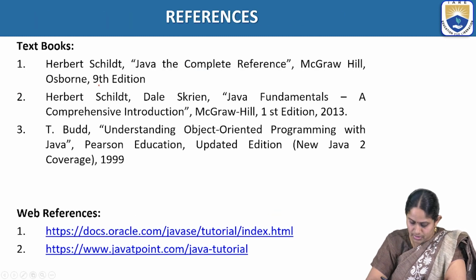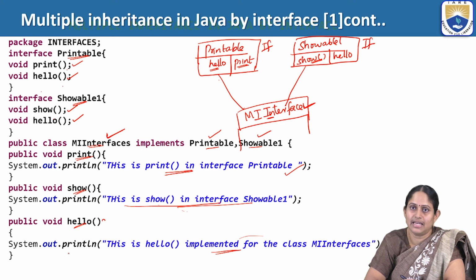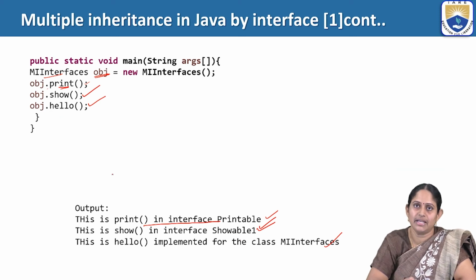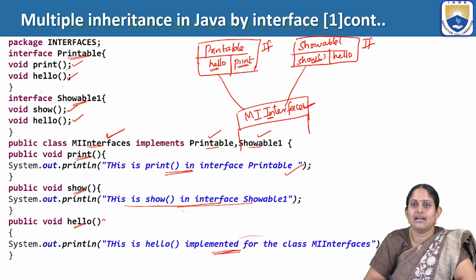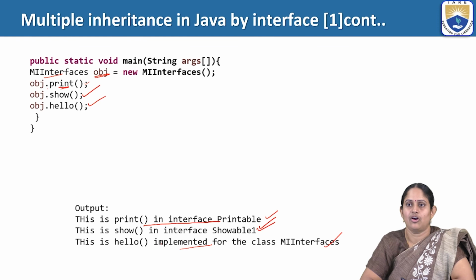Inside the show method, it is displaying a statement like this, so we get the same statement in the output. Similarly, for the third method hello, even though it was present in both the interfaces, only one implementation body is given by the class, and inside hello we are displaying a statement. So you get that statement in the output.